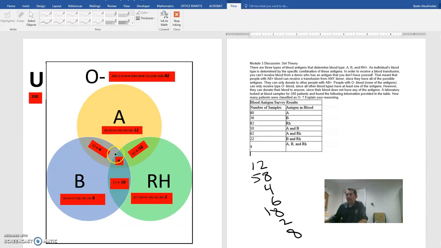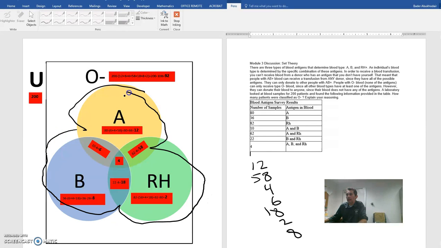So 12, 58, 4, 6, 18, 2, and 8. Well, I can use a calculator, or I can just do it by hand. So 12 and 58 is 70, 74, and 6 is 80, 80 and 18 is 98, 98 and 2 is 100, 108. So the people with all these characteristics is 108.